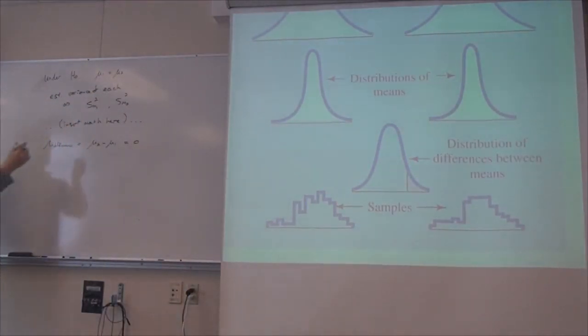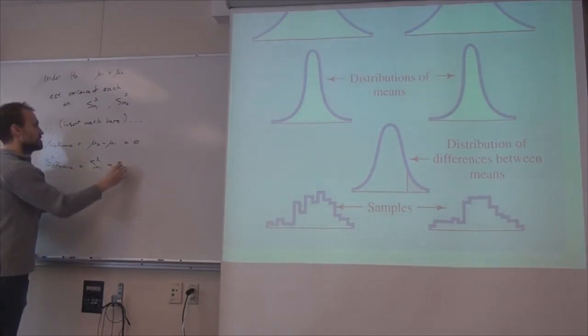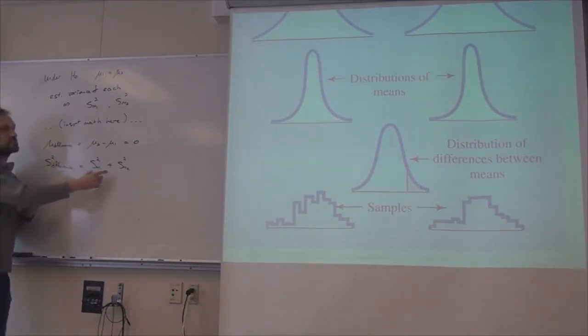You can show that if you're combining two variables like this, then the variance of the difference is actually the sum of the two. Which, when you think about this, it might make sense. This is a measure of variability.